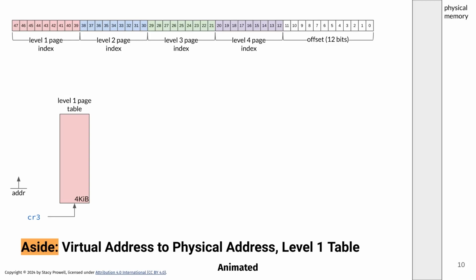That's a physical address, and I use the level 1 page index to give me a specific entry. There are 512 entries, so I need 9 bits to specify one of those entries.